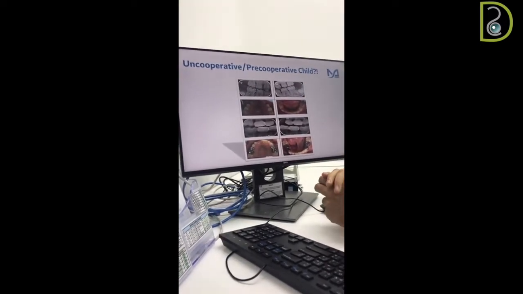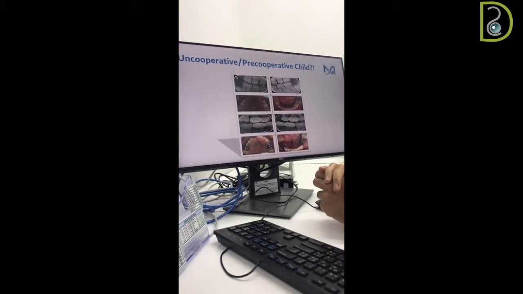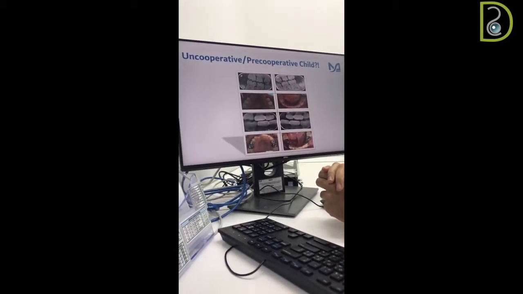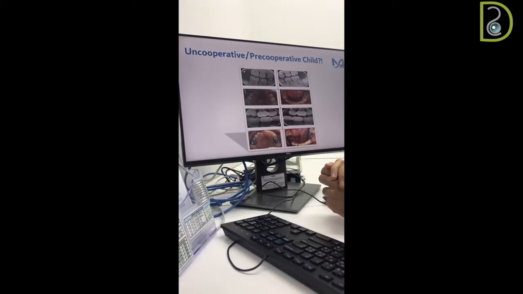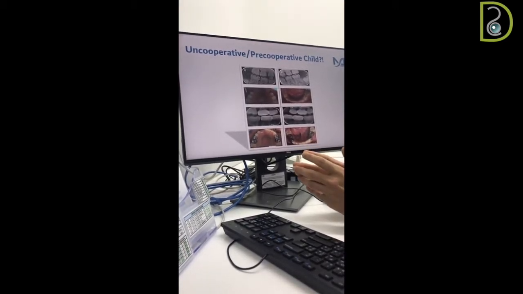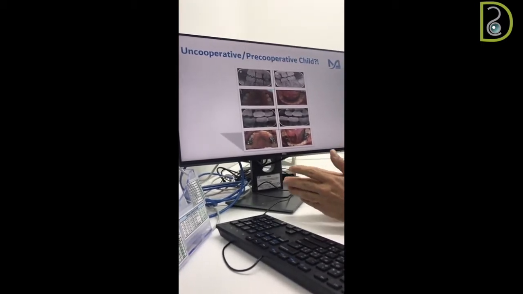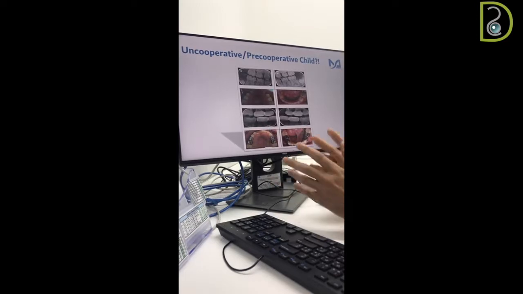A pre-cooperative child is a child who is not able to cooperate with you because of his age, especially at very young ages, like 3 years old. We call them pre-cooperative because cooperation is not a factor in these patients, because they are too young to cooperate.